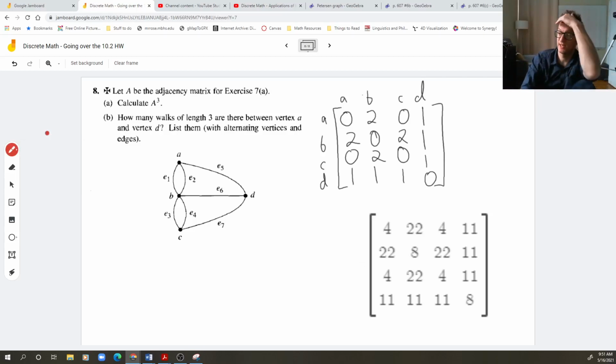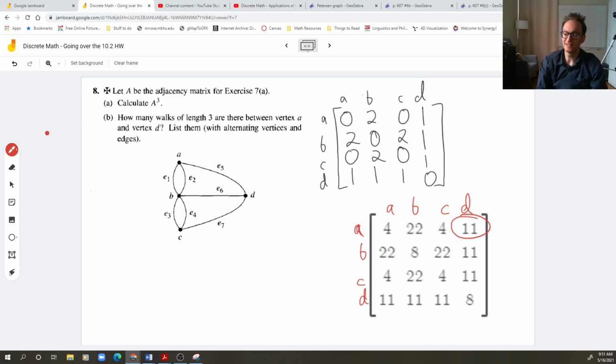And so this is A, B, C, D. This is A, B, C, D. And so what are we supposed to do? How many walks of length 3 are there between vertex A and vertex D? The answer is there are 11 of them.